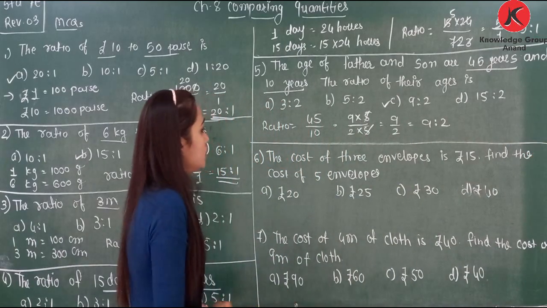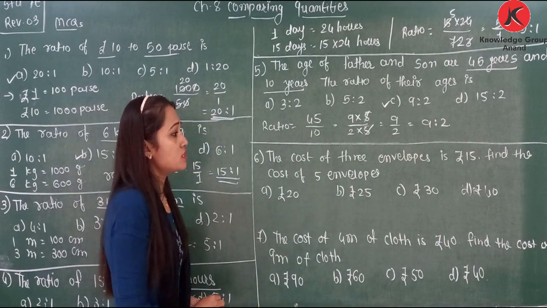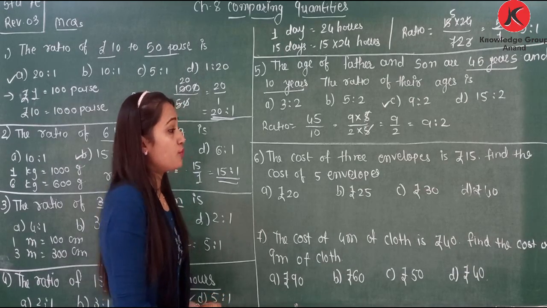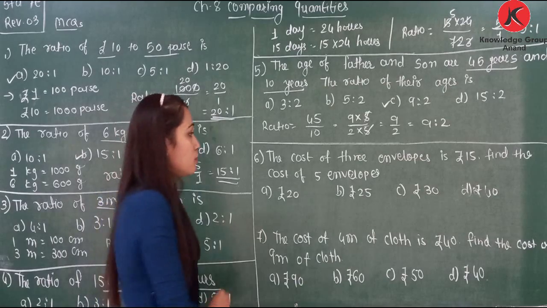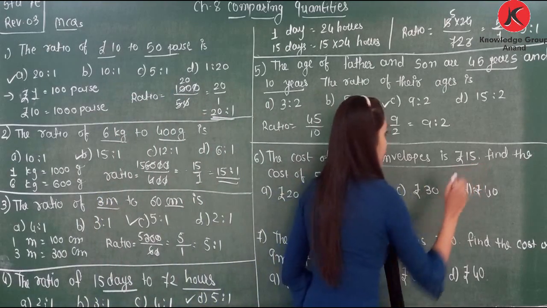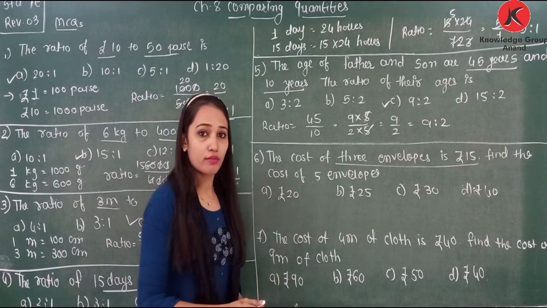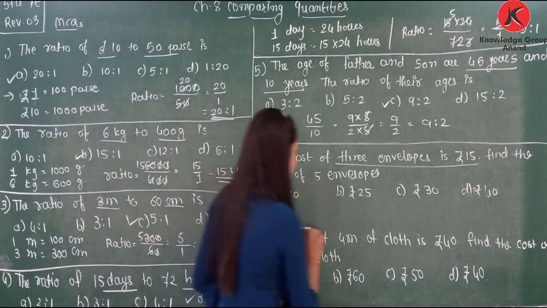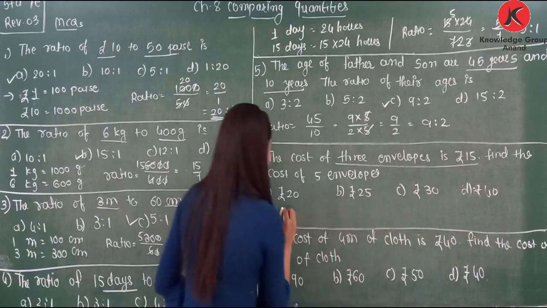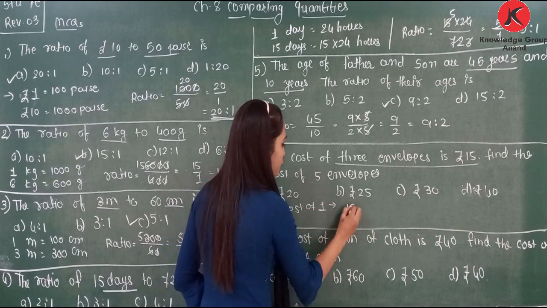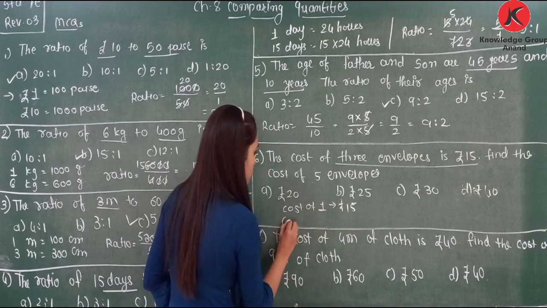Next one. The cost of 3 envelopes is 15 rupees. Find the cost of 5 envelopes. So here you can use the unitary method. From the 3 envelopes you can find the cost of 1 envelope and then you can find the cost of 5 envelopes. Or you can use it directly.